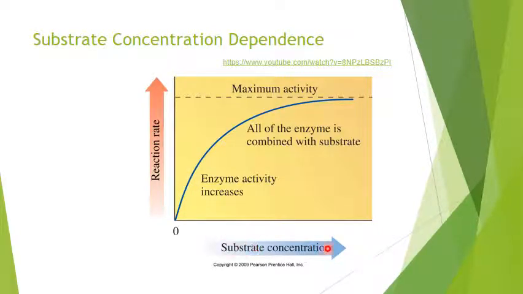All right, so let me show you how this relates to this graph. Substrate concentration is parts to make toys, and this is the amount of toys I make, the reaction rate. If he gives me parts to make 1 toy, I can make 1 toy. He gives me parts to make 2 toys, I can make 2. Now he gives me parts to make 3 toys, and I can make 3.